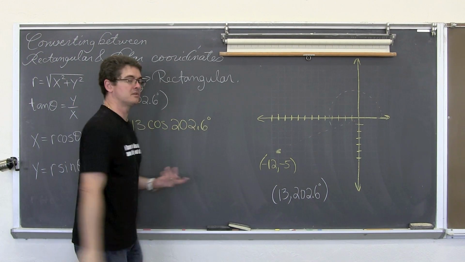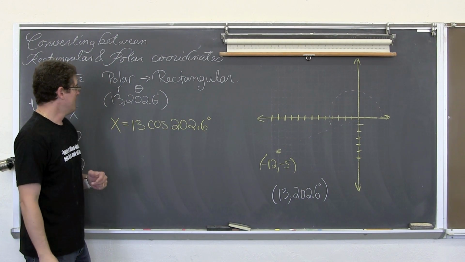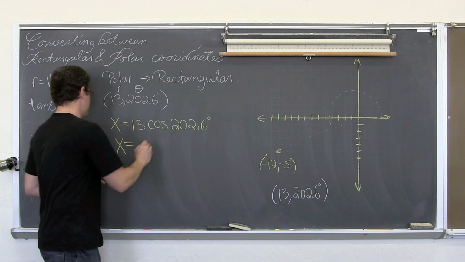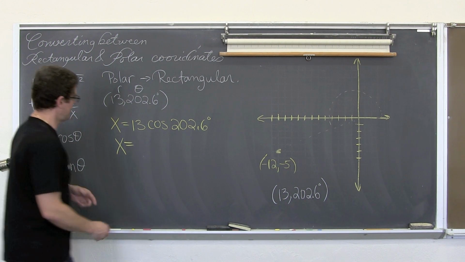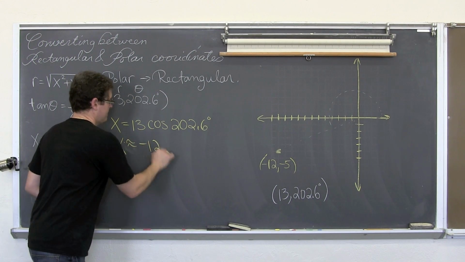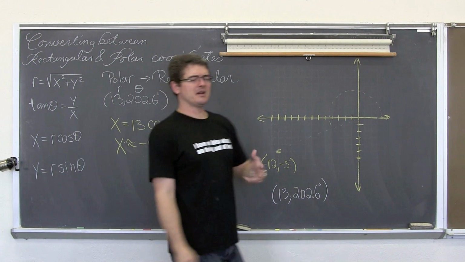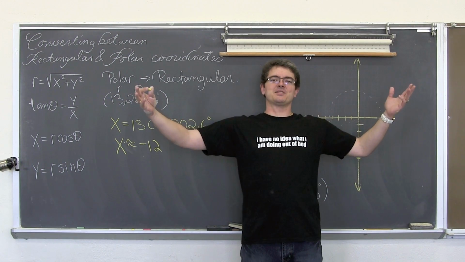Make sure your calculator's in degree mode, or in radians if that's what your textbook is doing, but I'm in degrees. And that should come out to be, well, of course we know it's going to be roughly negative 12, and I've already rounded off in my scratch work. Now, why do I say roughly? Because there's round off error. Did you take your decimal up to the 10th place?